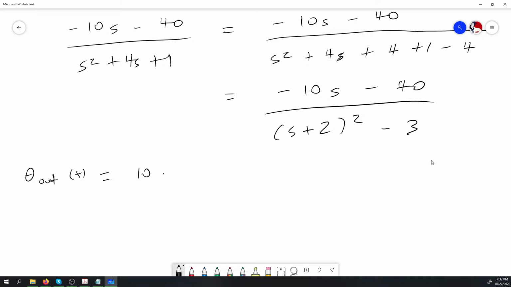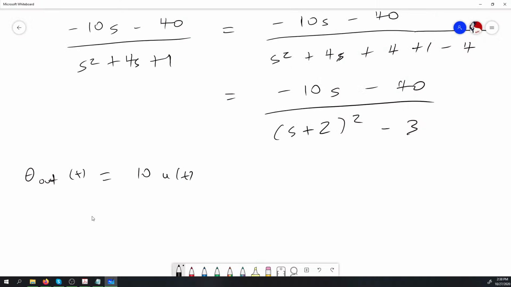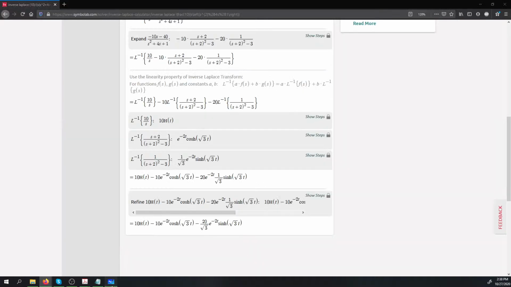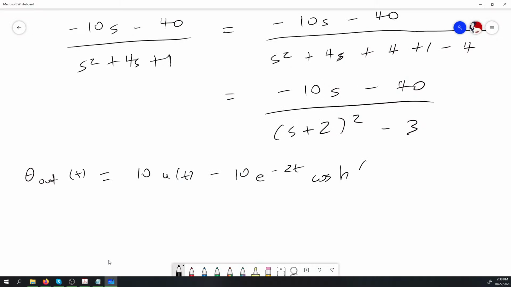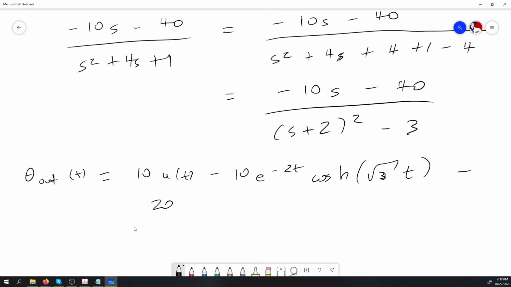At that point it's going to be 10 u(t) minus 10 e^(-2t) cosh of root 3 t, minus, because it's minus, 20 divided by root 3 e^(-2t) sinh of root 3 t.